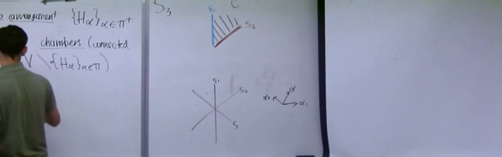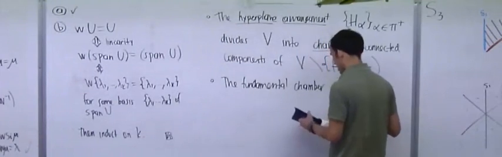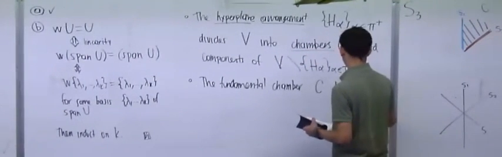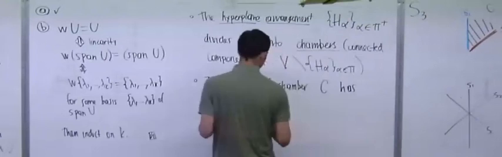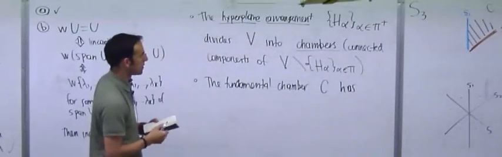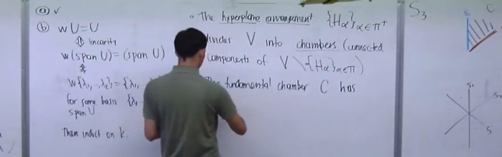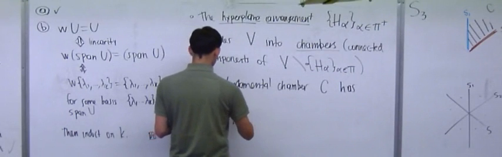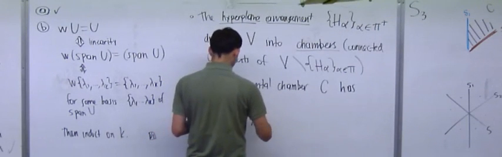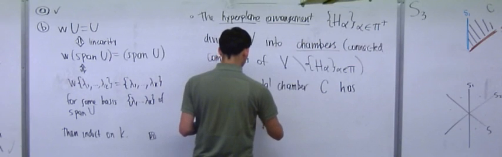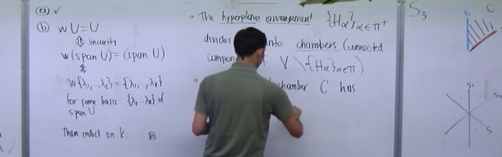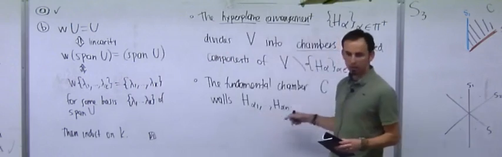So there's one special chamber called the fundamental chamber, and we've seen that it has walls H alpha 1 up to H alpha n, where these alpha i's are the simple roots.